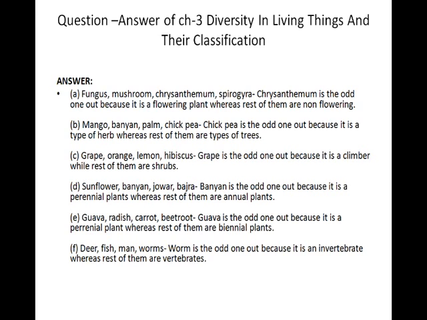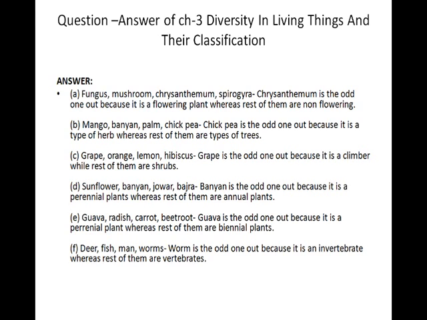Perennial plants are those that live for many years, like more than 1 year, 2 years, 3 years, and almost never die. While sunflower, jowar and bajra are annual plants, they only survive for a year. That's why banyan comes under a different classification.